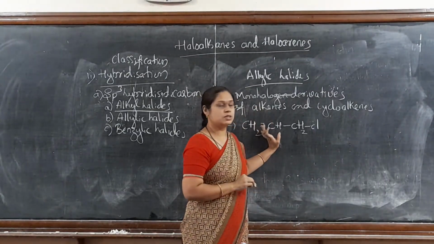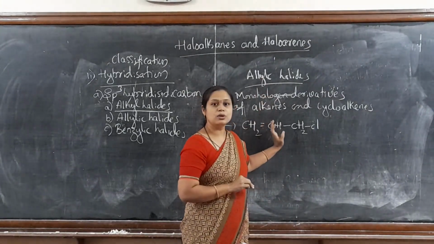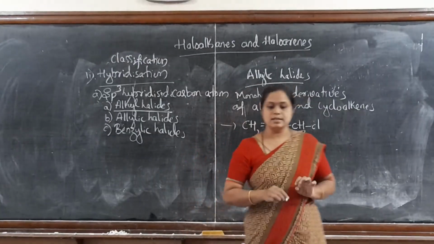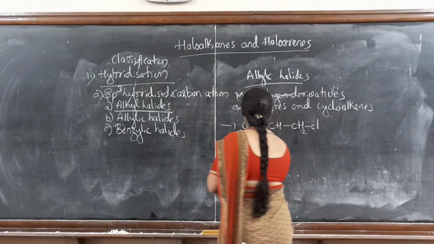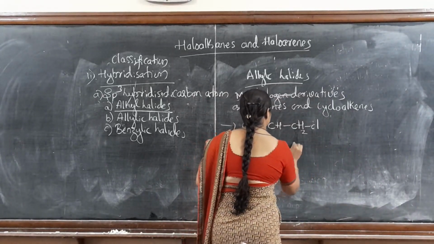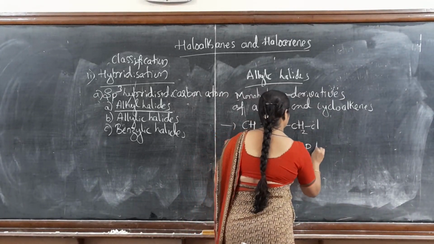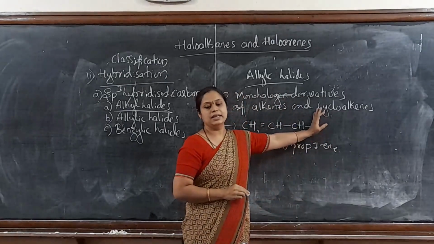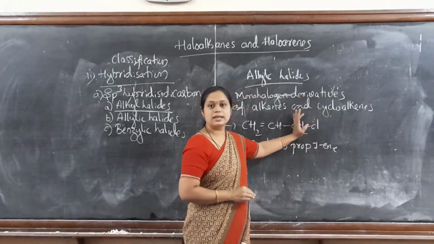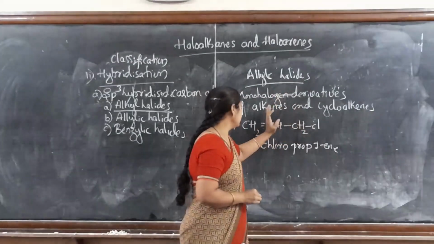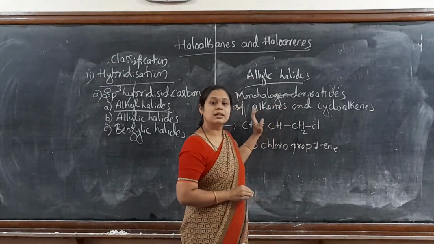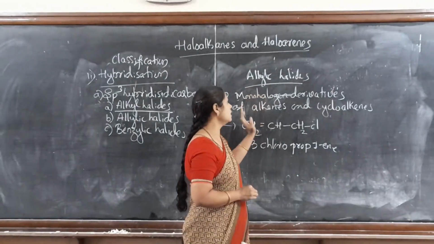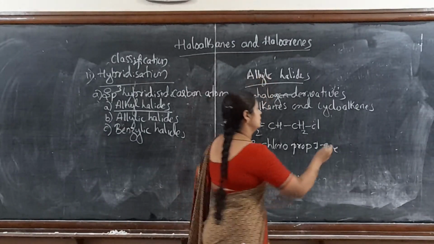Such halogen atoms, we are going to call allylic halides. This is 3-chloropropene, where the halogen atom is attached to the saturated carbon adjacent to the carbon having the double bond, an allylic halide.